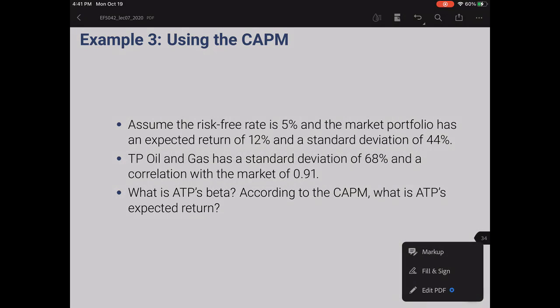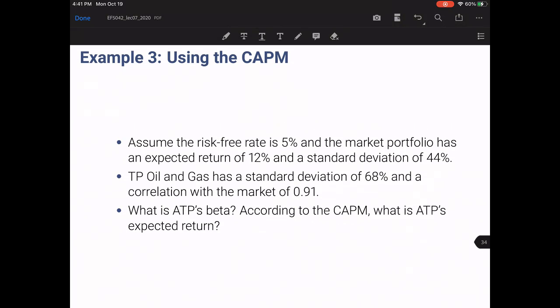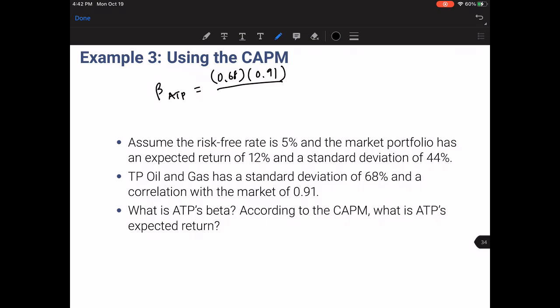So let's just write out what has been given to us. The beta of ATP, we have that formula from the previous slide. So I'm just going to use the formula: 0.68 times 0.91 divided by 0.44. That's going to give us 1.4.